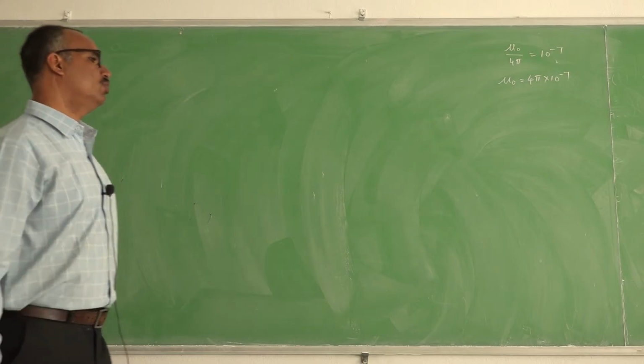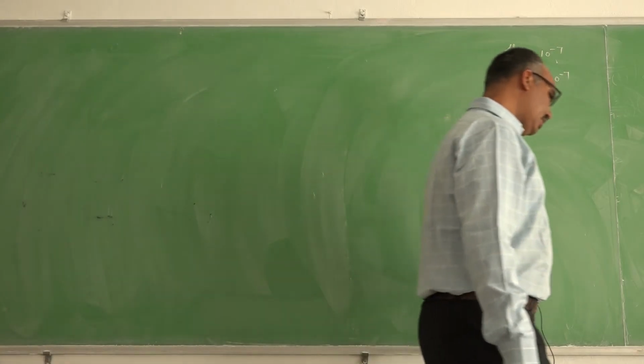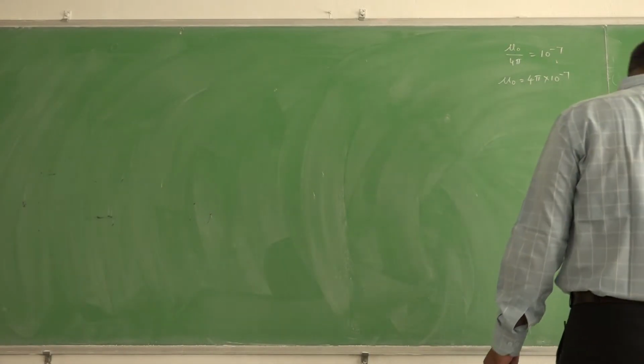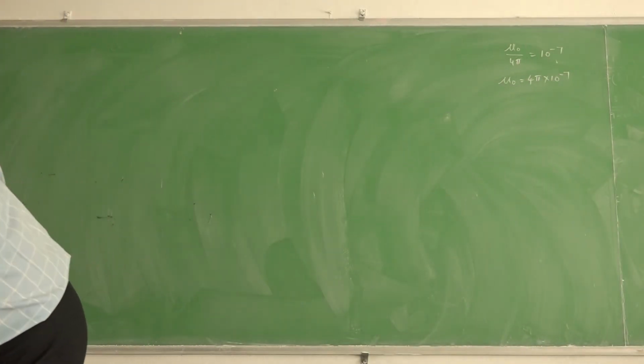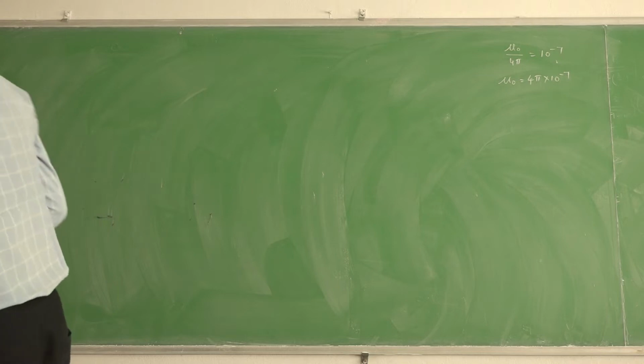Now the question. There is a current of 1 ampere passing through a triangular loop.